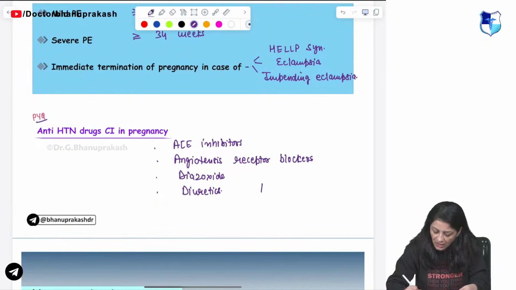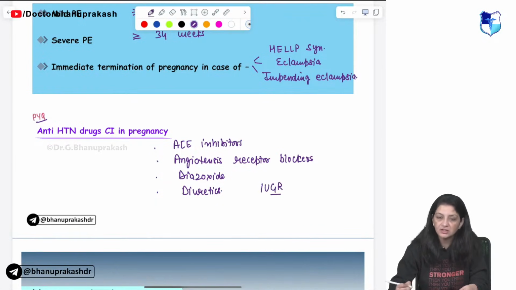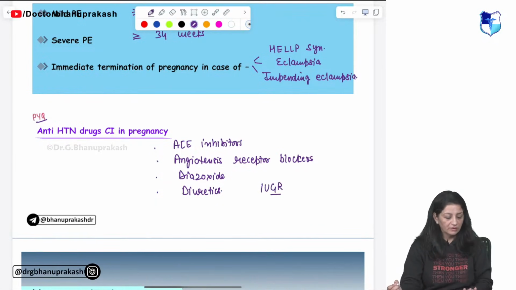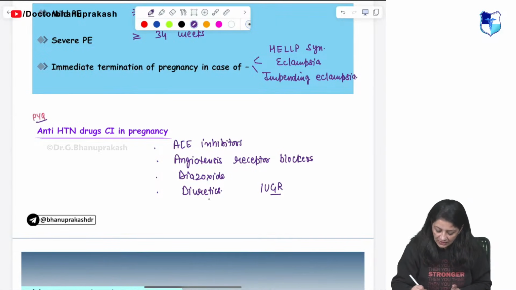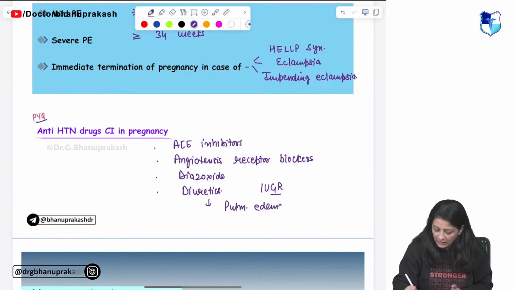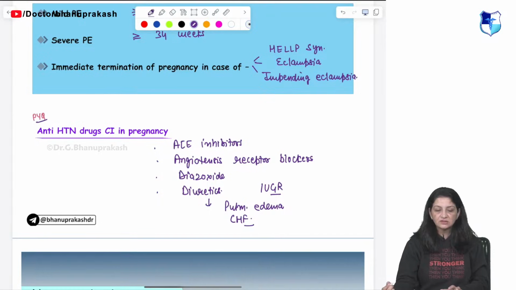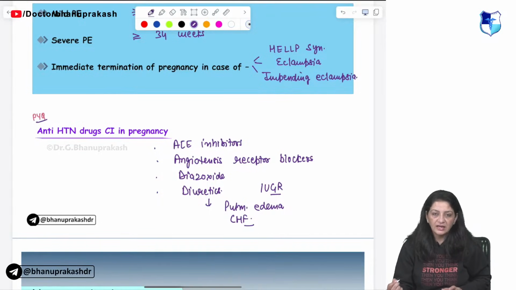It will cause IUGR because of decreased perfusion of the placenta. We can give diuretic in case of pulmonary edema or in case of congestive heart failure. So these drugs are contraindicated in pregnancy.